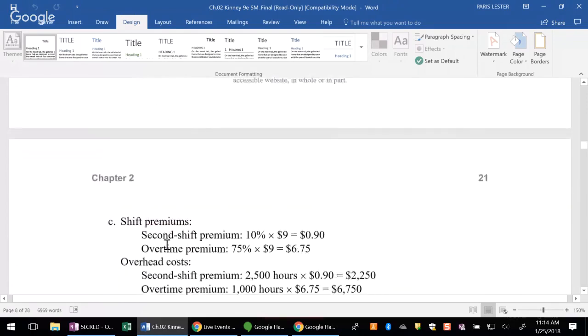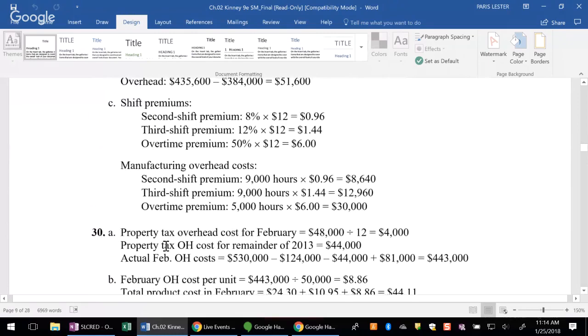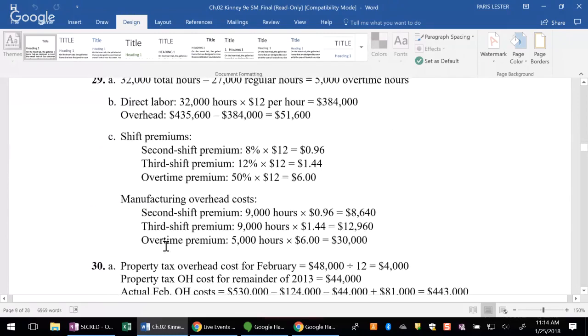Okay, let's see. Now, what it asked for, what were the actual factory overhead costs for February? Property tax is one of them. 48,000 divided by 12.